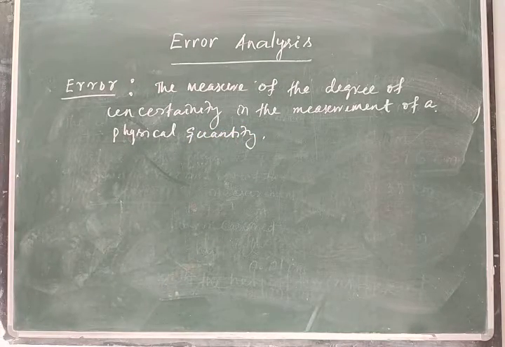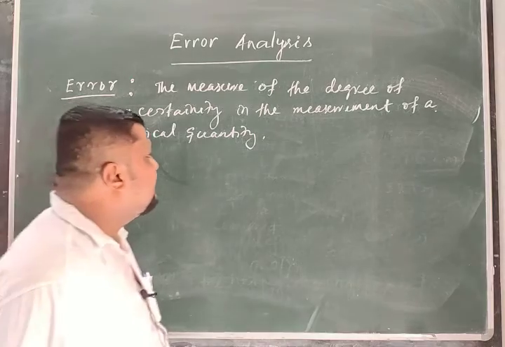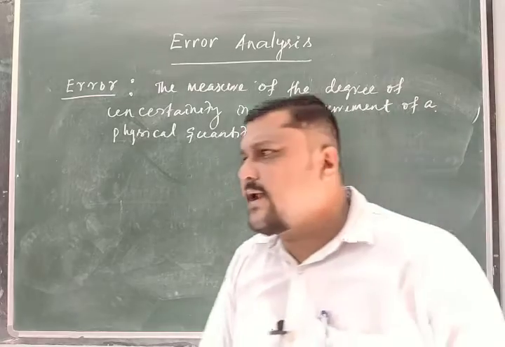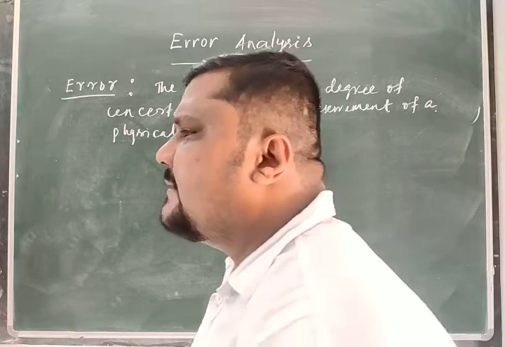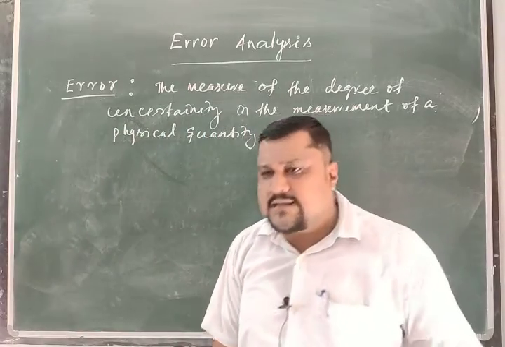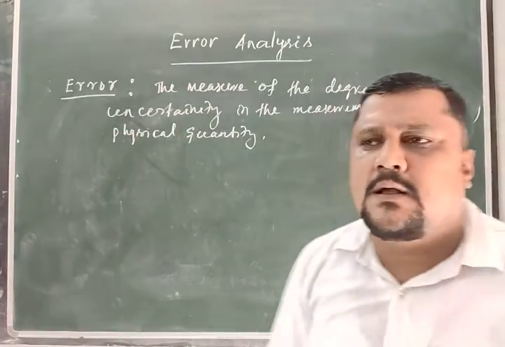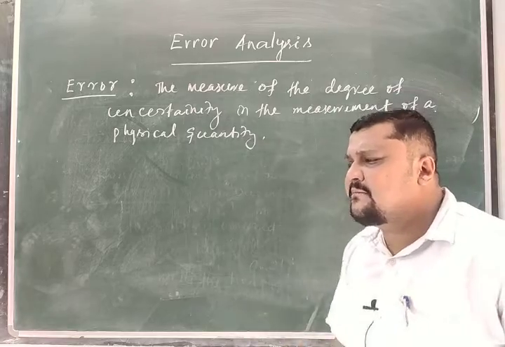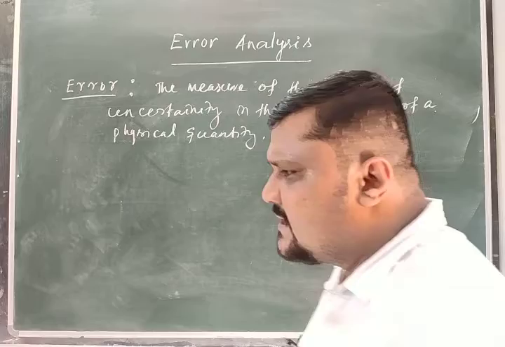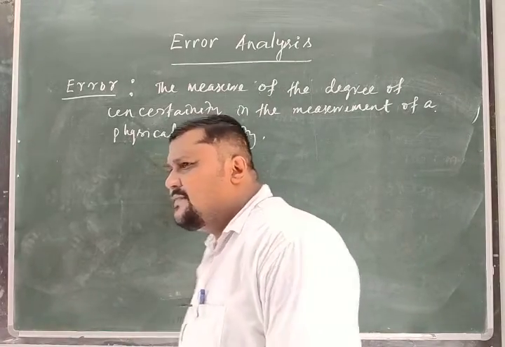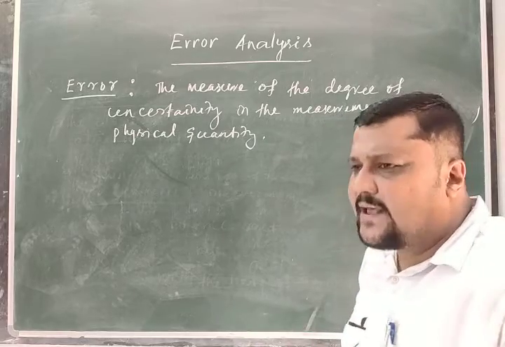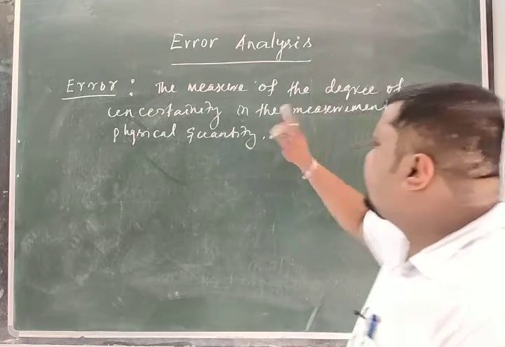So the measure of the degree of uncertainty means no measurement is certain. As a physics student, I can say that no measurement is certain. In our laboratory, we will do some experiments to measure some values of physical quantities, but whatever the devices, in whatever way we measure, there must be some error, and some error means there is some uncertainty.